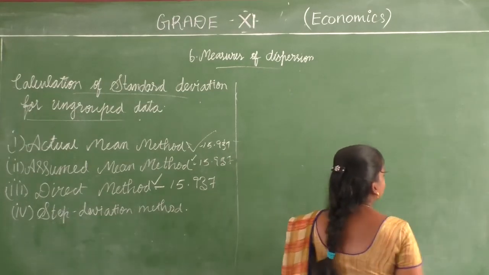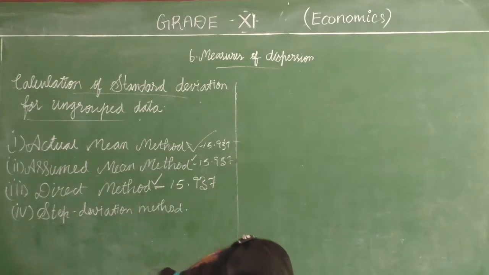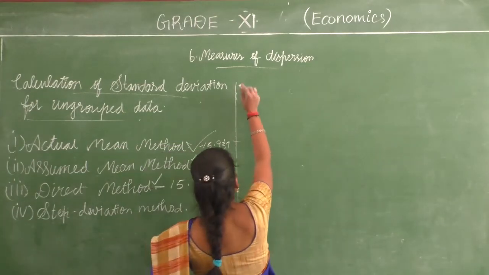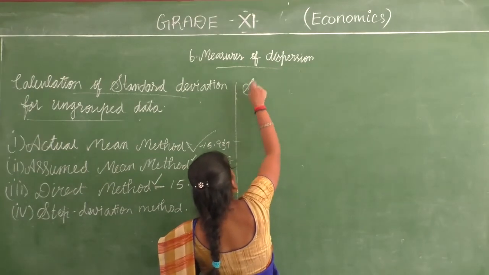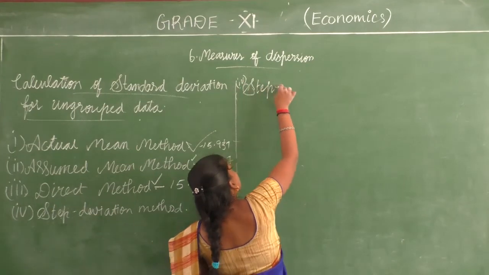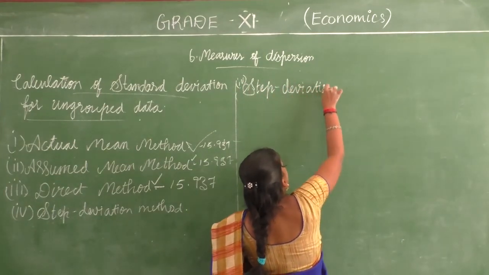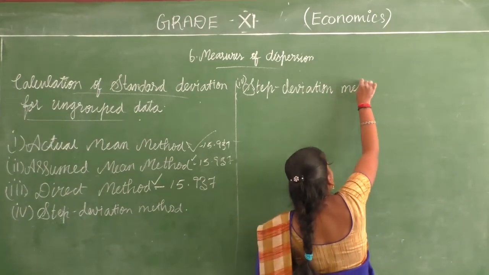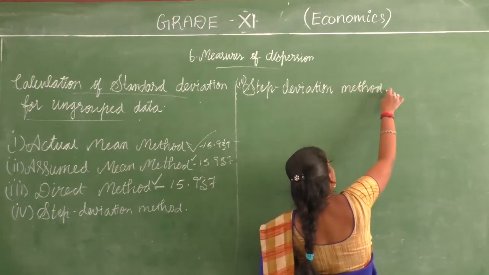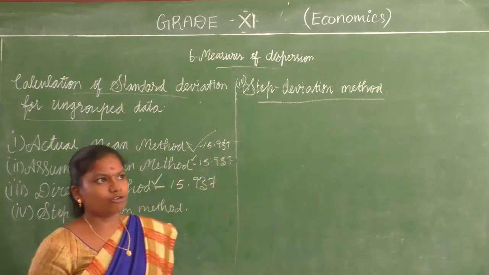That's how you found your step deviation method. Now here also we are going to have c. So finally we are moving on to step deviation method. What are we going to do here?